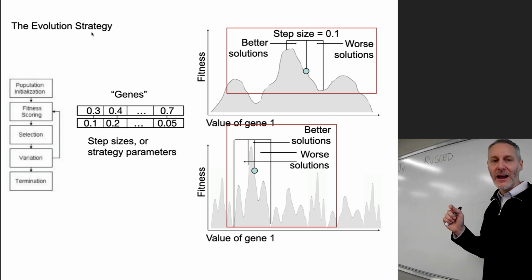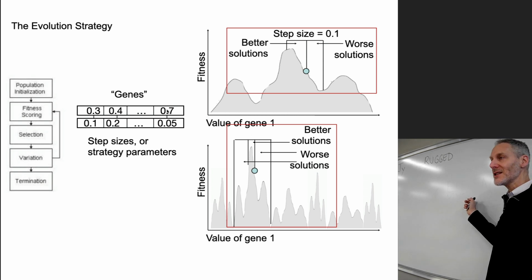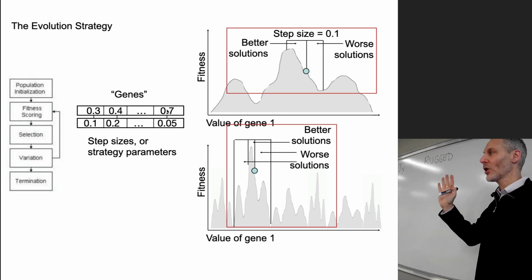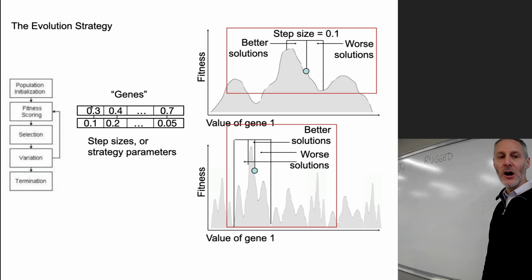Very much like a genetic algorithm, we've got our population of genes, but the genotype, which remember is the blueprint, the thing that encodes the phenotype or encodes the candidate solution, is no longer a vector, it's a 2 by n matrix.